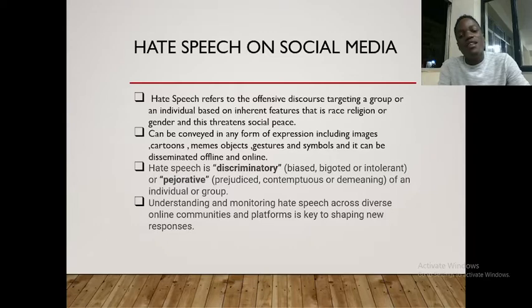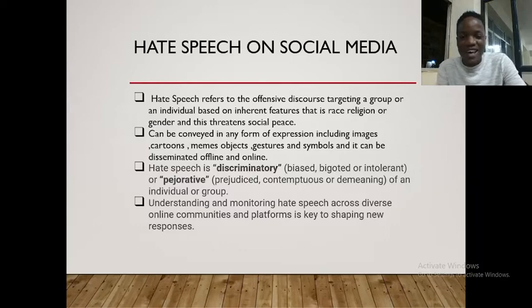It can be conveyed in any form of expression, including images, cartoons, names, objects, gestures, and symbols, and can be disseminated offline or online. Hate speech is discriminatory, that is biased, bigoted, and intolerant. In other words, I can say it's pejorative.